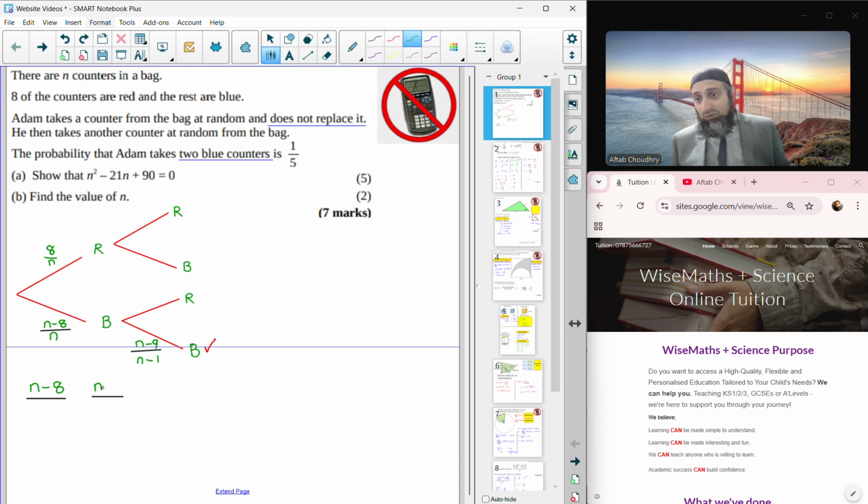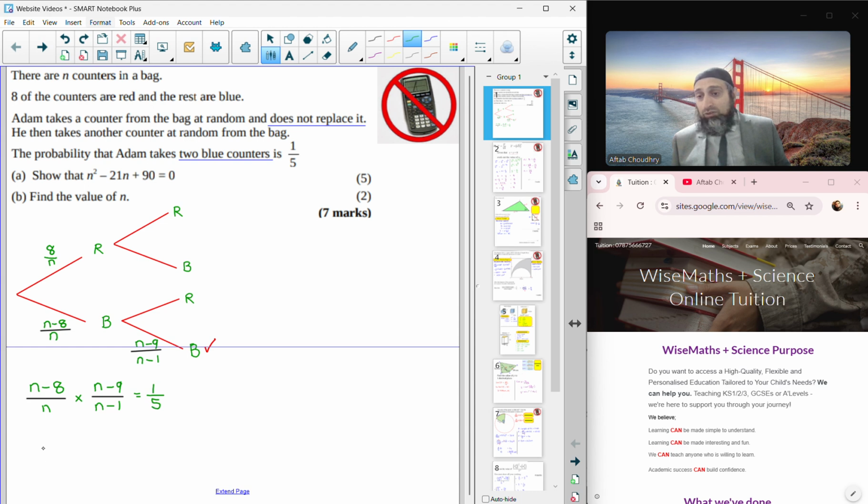Let's multiply these two together, and they've told us that the probability is equal to 1/5. So let's equate that to 1/5.